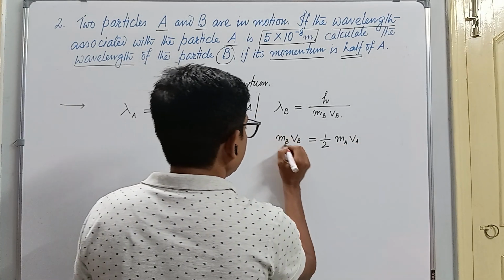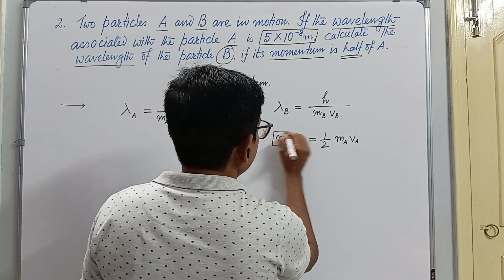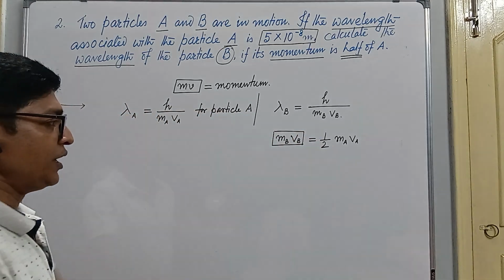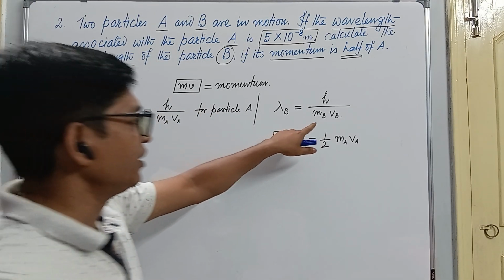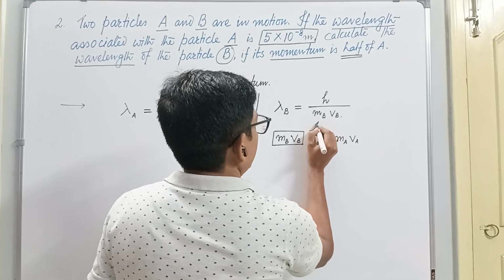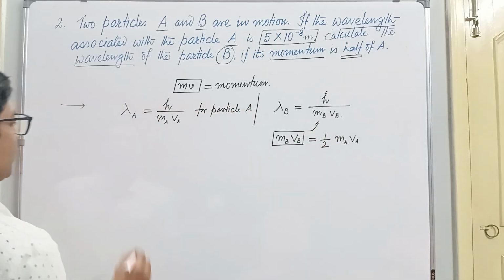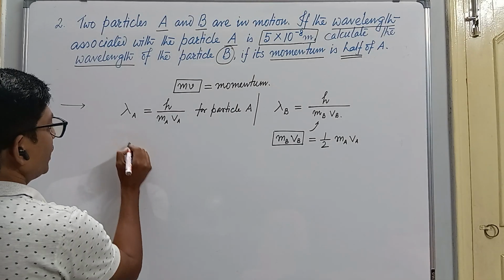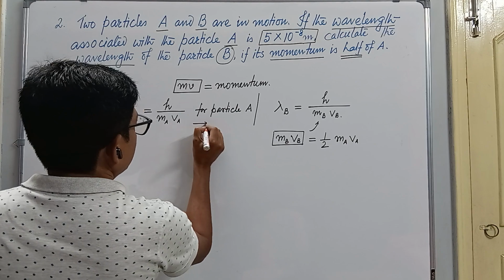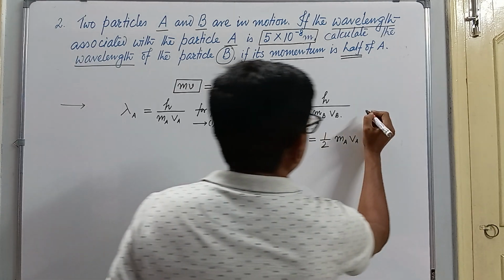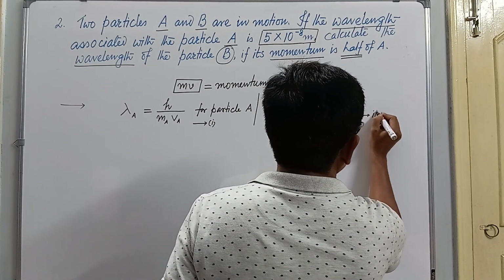Okay, so in this way we'll get the value for MB into VB. So now if we are taking a ratio, let me put this one as equation 1 and this one as equation 2.